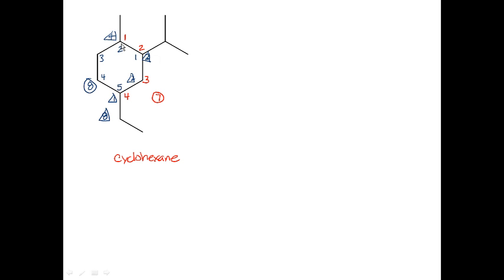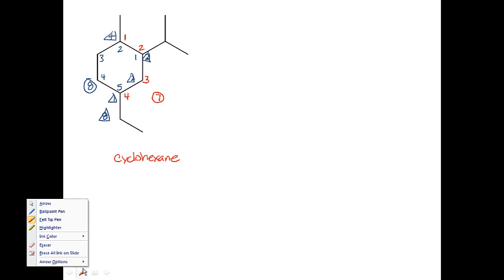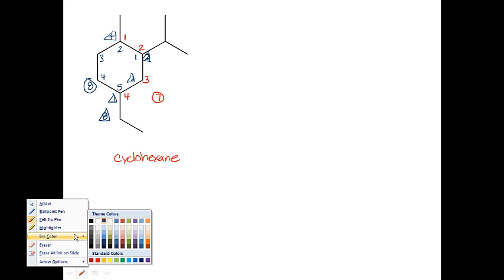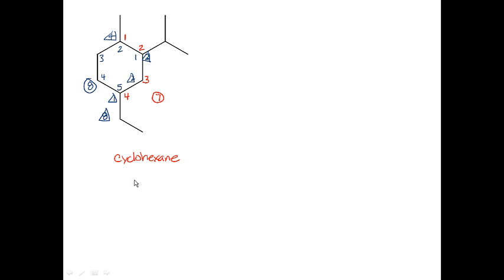So in this case, we actually don't have more than one numbering scheme. Only one numbering scheme gives us the lowest total sum of substituent numbers, and that's the red one. So that's the numbering scheme that I'm going to use. We'll do a few more problems, but the idea is to get the numbering scheme that has the lowest total sum of the substituent numbers.